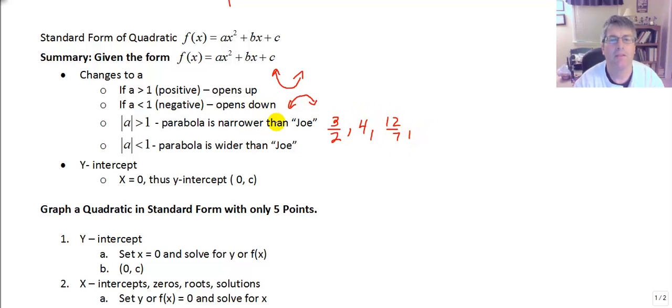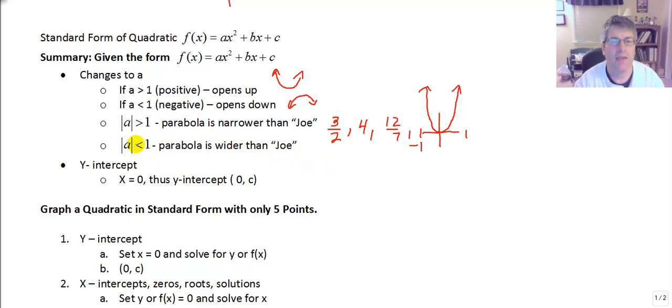Our parabola is going to be narrower because of this multiplier. It's actually going to rise much faster for every input. It's going to be a lot steeper than Joe is. So this might be 1, this might be negative 1, and it might rise quite a bit faster.